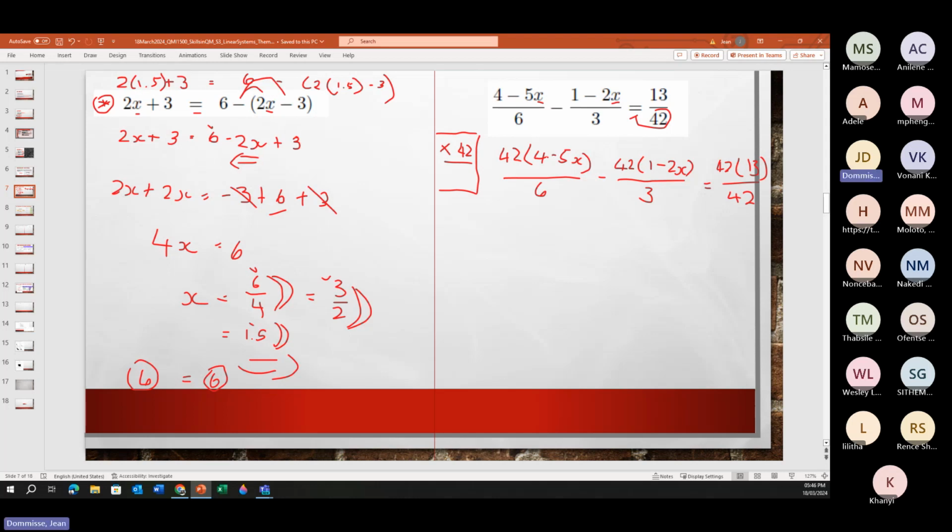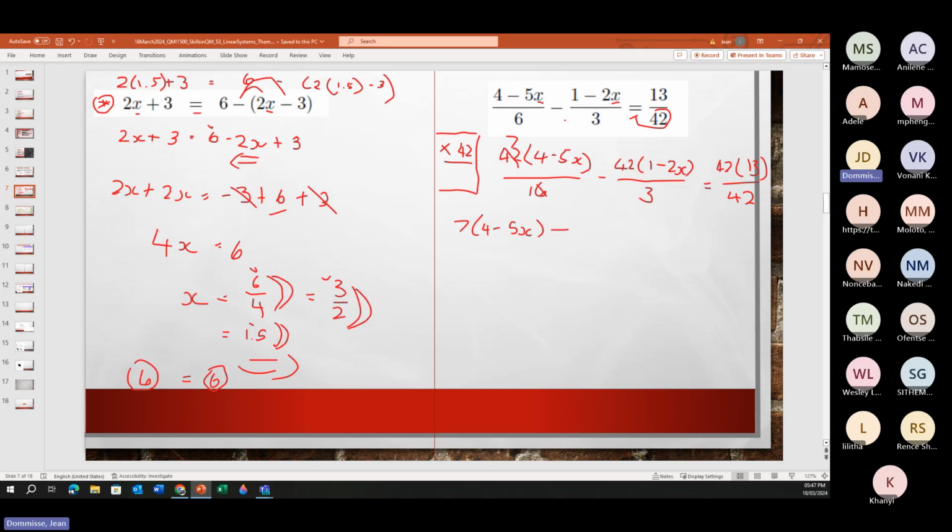Okay, so now we can do a bit of algebra. So 42 divided by 6: 6 goes into 6 once, 6 goes into 42 seven times. I'm just going to rewrite each one as we finish it.